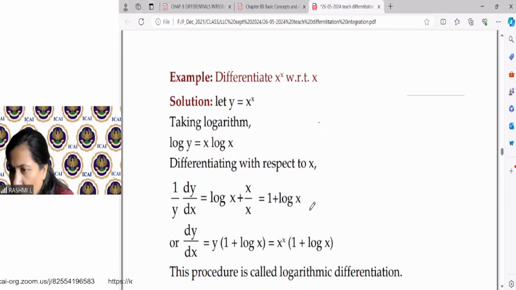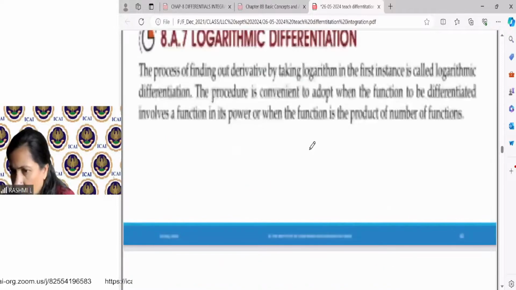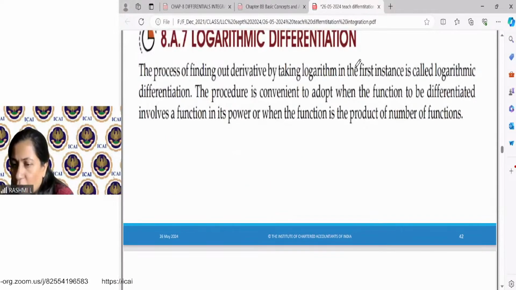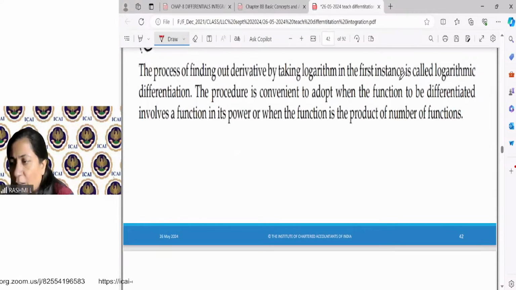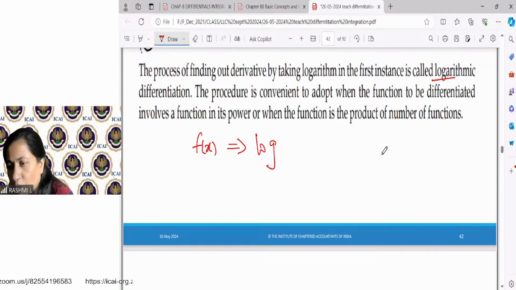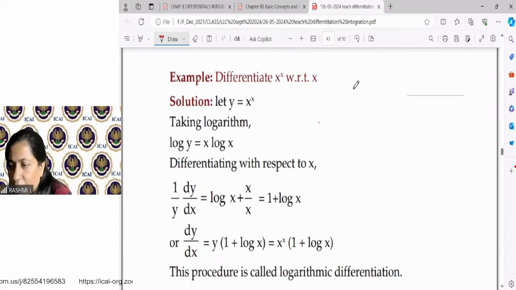Now what happens in logarithmic functions is the process of finding the derivative by taking log in the first instance is called logarithmic differentiation. So you have a function, you take the log, and then you do the further process. Okay. So differentiating x raised to x. My y is equal to x raised to x.